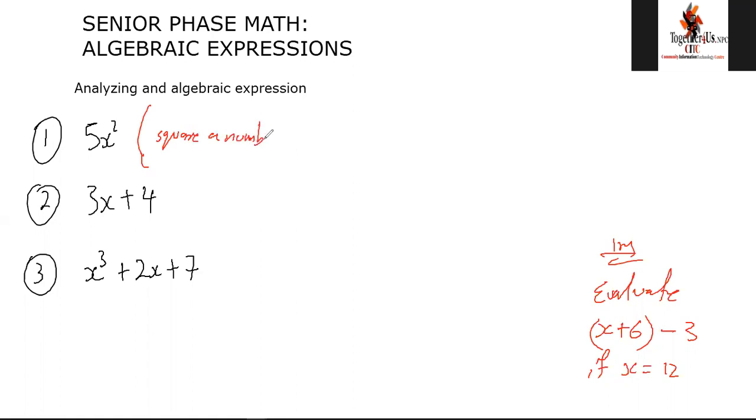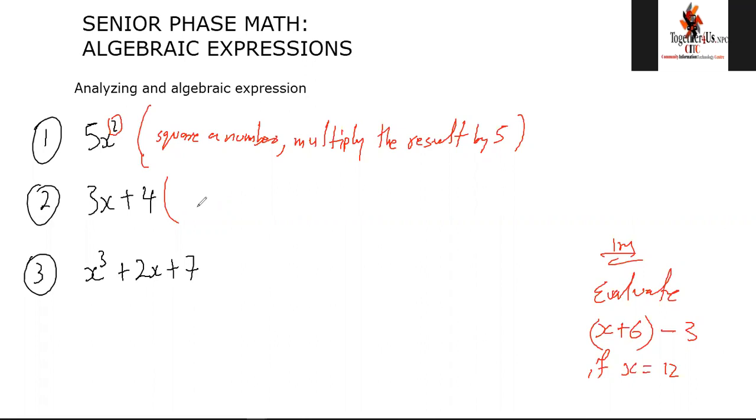You don't know what the number is, but you are squaring it. Remember, this thing here means square, right? Square a number, multiply the result or the answer by 5. Of course, this is not the only way to say it. You could have said it in another way. As long as it makes sense, you will get your marks.